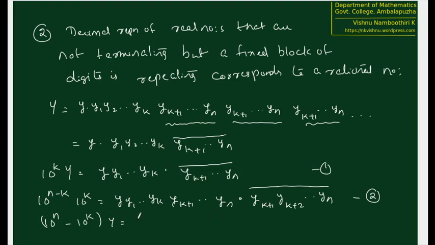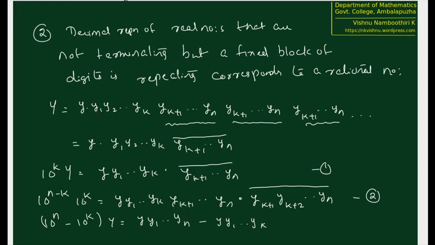So what is remaining is y1 etc. yn minus y1 etc. yk. Remember that this is an integer, this is also an integer, so the difference is an integer.